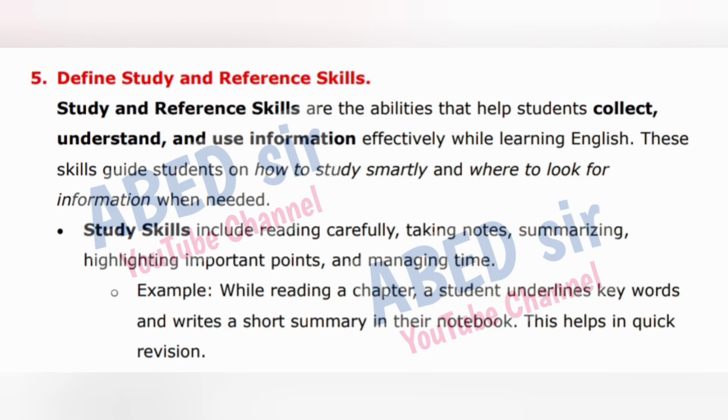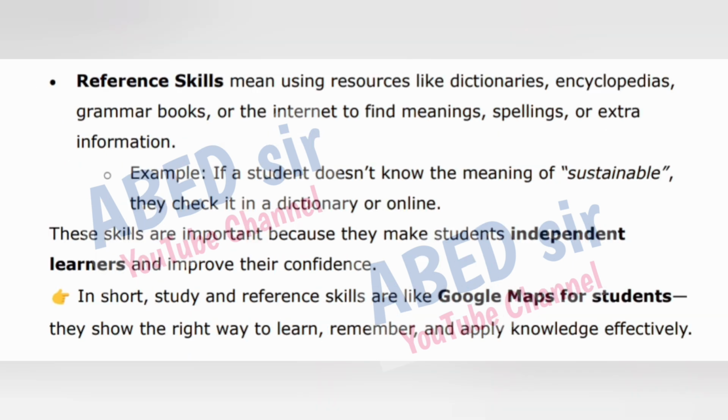Example, while reading a chapter, a student underlines keywords and writes a short summary in their notebook. This helps in quick revision. Reference skills mean using resources like dictionaries, encyclopedias, grammar books, or the internet to find meanings, spellings, or extra information.